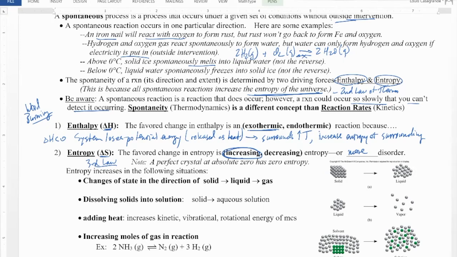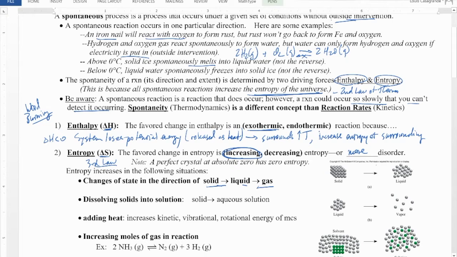So one of the things I'm going to ask you to do is to take a look at a system and predict the sign of the change in entropy, whether it's positive or negative. Positive means increasing entropy. Moving from solid to liquid to gas is always going to be an increase in entropy because we're getting more disordered.